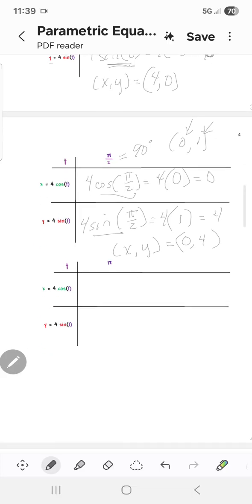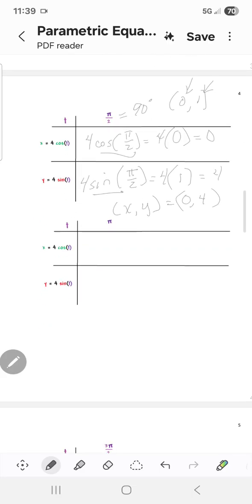All right, we've got 2 more to do. We've got 180 and we've got 270, pi and 3 pi over 2. So pi, which is 180 degrees, the ordered pair is -1, 0 on the unit circle. So we've got 4 cosine pi.